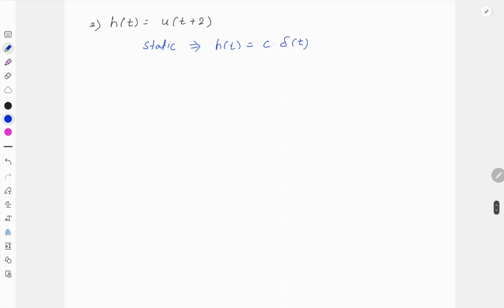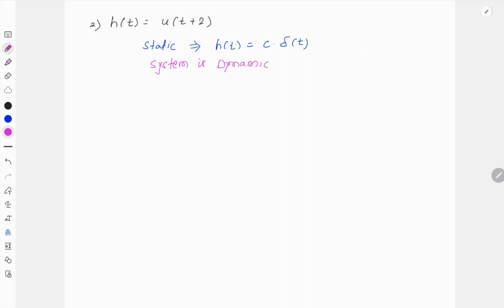But as we know, the impulse response given is the unit step signal, and the relationship between unit step and impulse function is that delta t is the derivative of unit step, or in a reverse way, the unit step signal can be obtained from the impulse function by taking its integration. Therefore u of t plus 2 cannot be represented as c into delta t, hence the given system is dynamic.